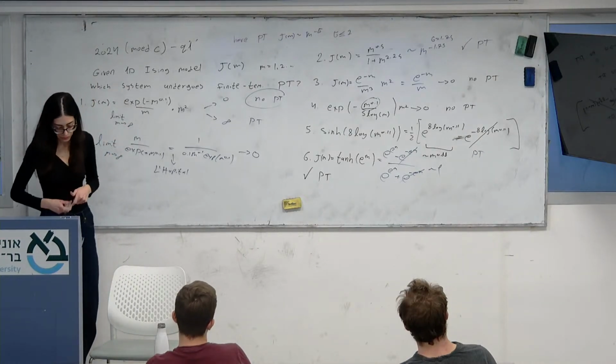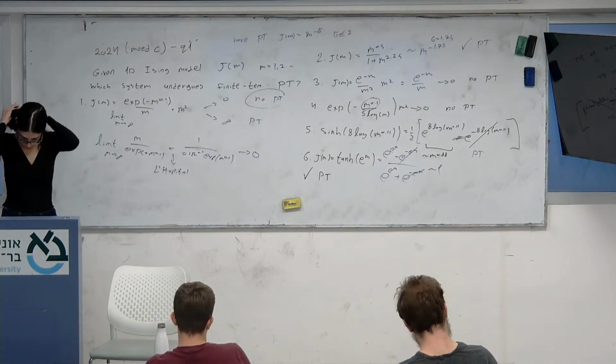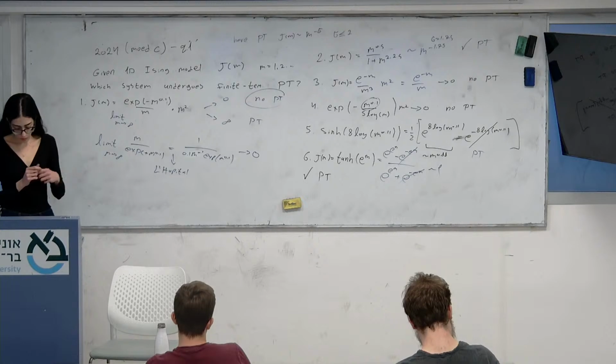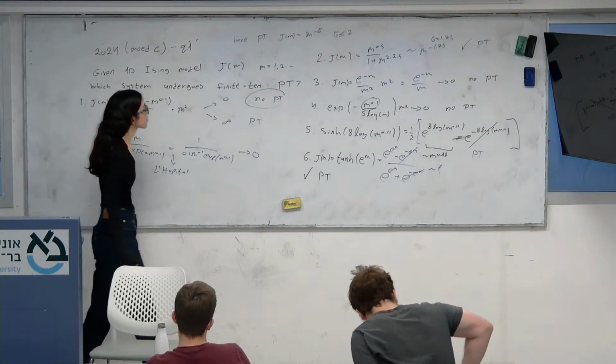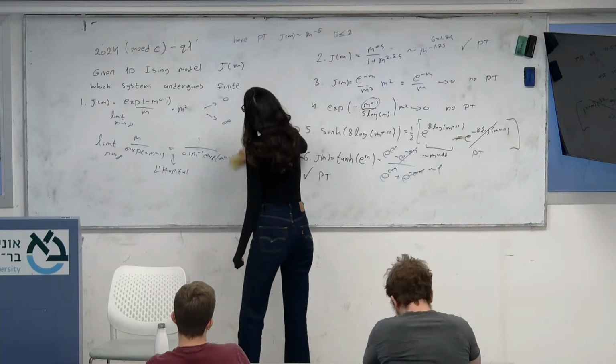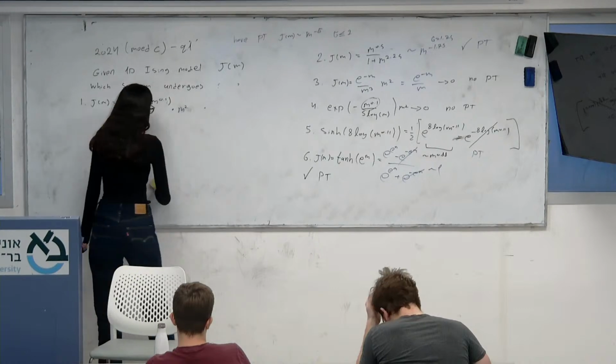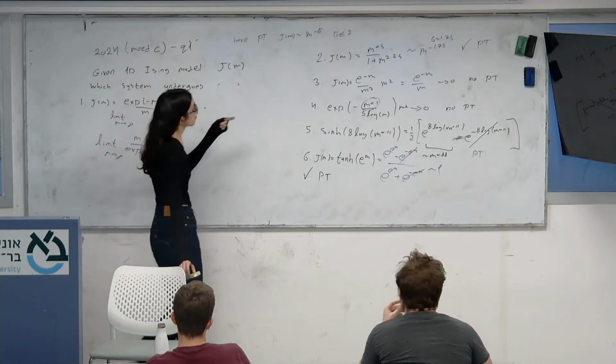But yeah. Questions? No? So if it goes to a constant, it still has a phase transition to a non-zero constant? Yeah, because it decays slower.